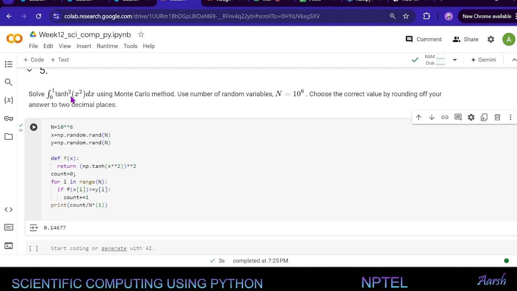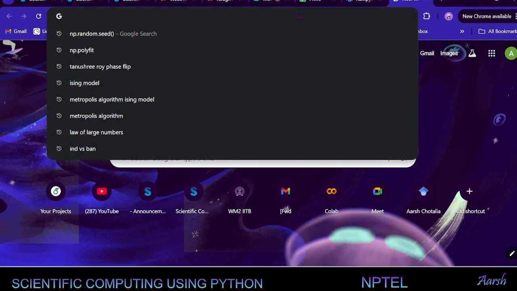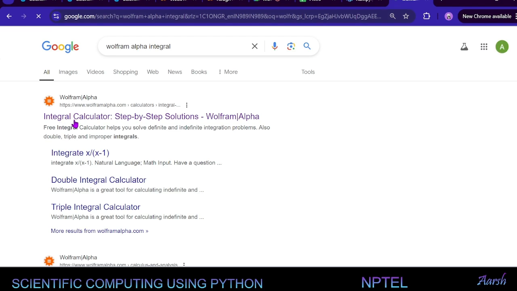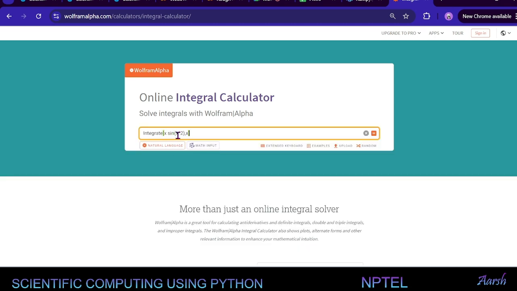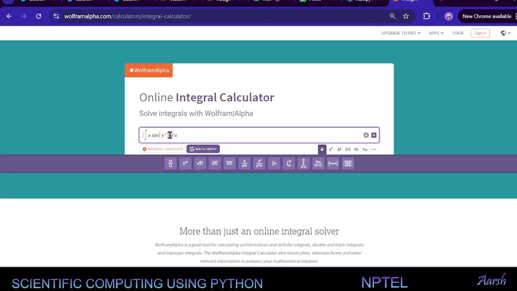In fact, we can check this online. Integral. Yeah, so if you don't know this, this is where you can integrate stuff and do many other things.